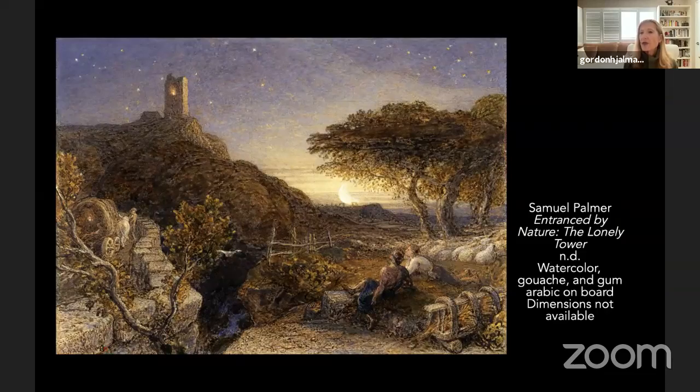Samuel Palmer was very influenced by William Blake, and he fits the pattern of these romantic writers and painters. This is actually a watercolor, which is kind of interesting because when I look back, obviously in the Timken, if you recall, our collection, and I hope you visit soon when we reopen, we don't really have on display watercolors or prints.